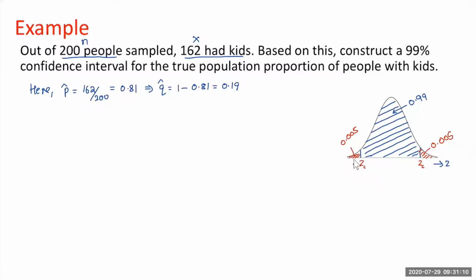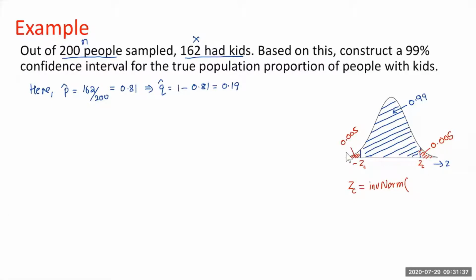Now we can use our TI-84 calculator to first find the value of z sub c. Because this is a z distribution, we use the inverse normal in our calculator, which is second, VARS, and number 3 in the TI-84 calculator. Then we write the area to the left of z sub c.